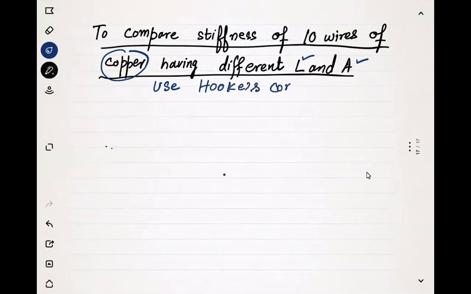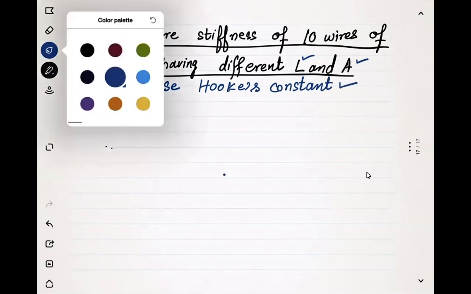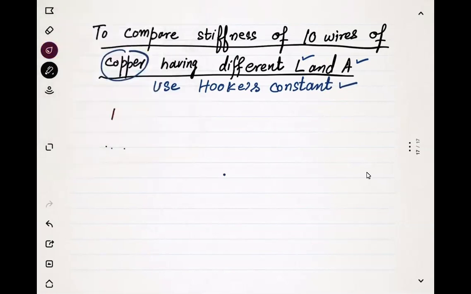The values of Hooke's constant of copper wires can give the comparison of their stiffness.